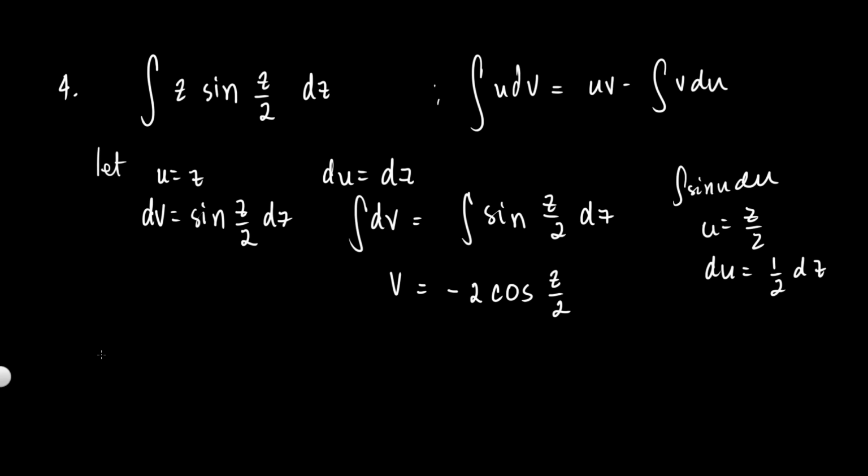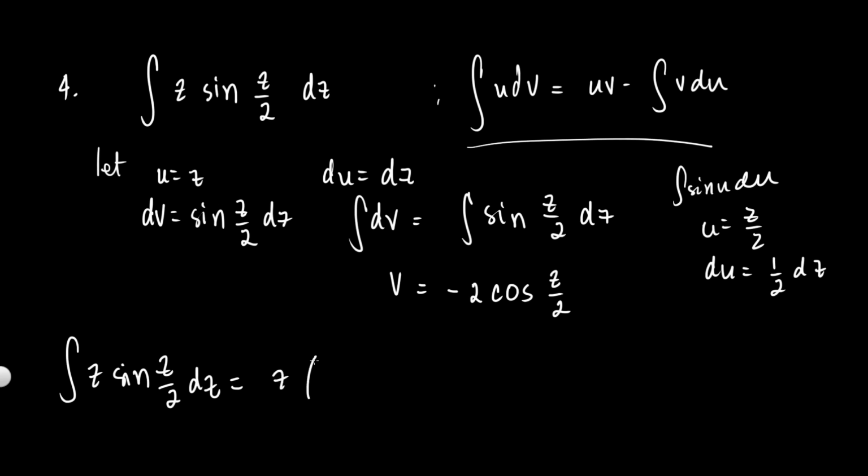Okay. Now, let's substitute into the formula of integration by parts. So, the integral of z sine z over 2 dz is equal to uv. U is z. V is minus 2 cosine of z over 2. Okay? Then minus the integral of v du.